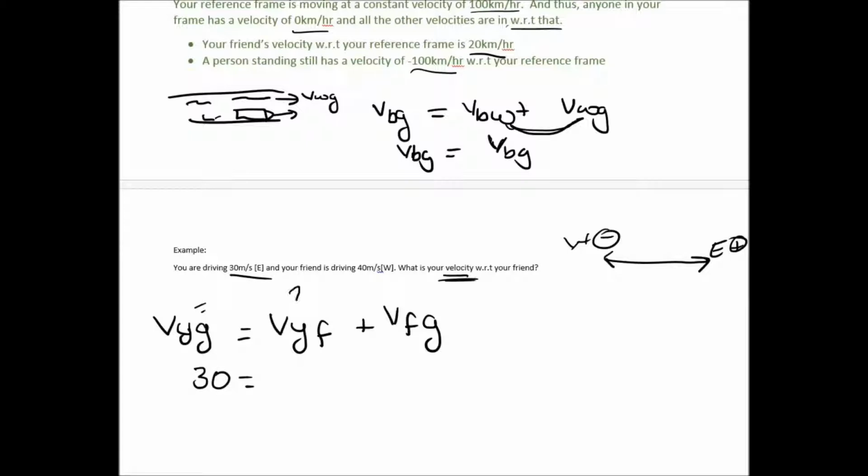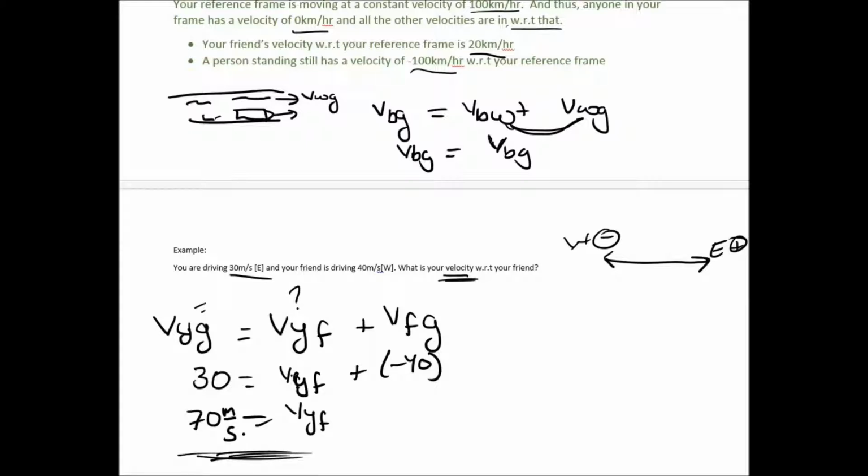We want to find this, WF. Make sure you don't turn it around. If it's switched around, it'll mean a totally different thing. Plus, your friend's velocity with respect to the ground is minus 40. Bring this to the other side, and your velocity with respect to your friend will be 70 meters per second.